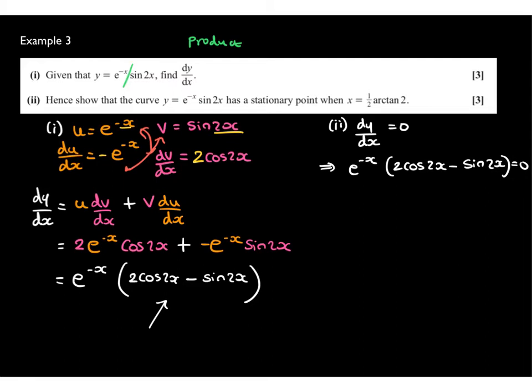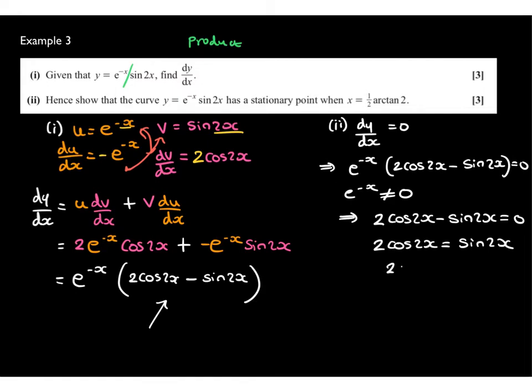I can divide through by e to the negative x as it can never equal 0. So this leaves me with 2 cos 2x minus sine 2x equals 0. And let's just rearrange this. So dividing through by cos 2x gives me 2 equals sine 2x over cos 2x.